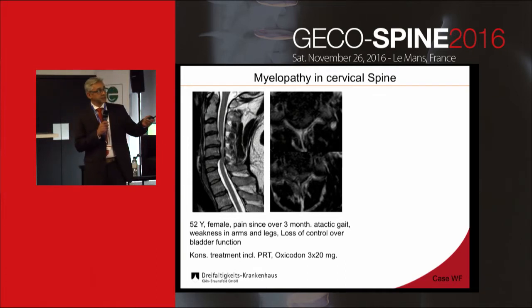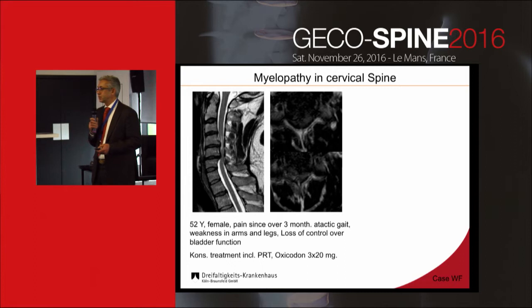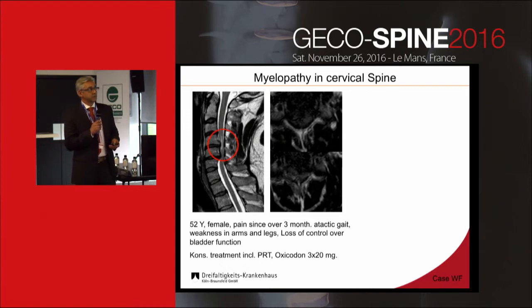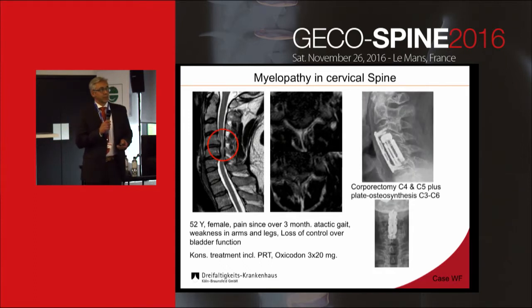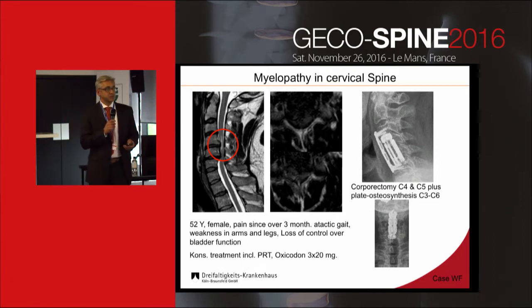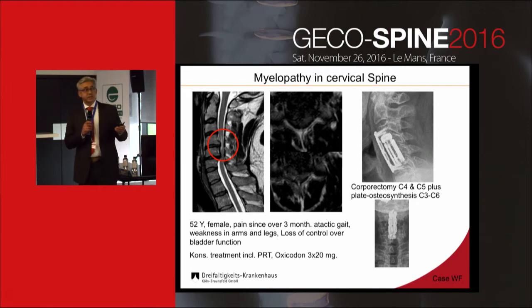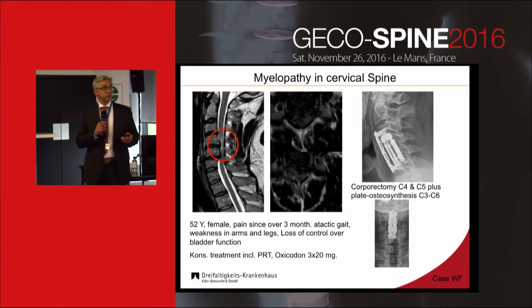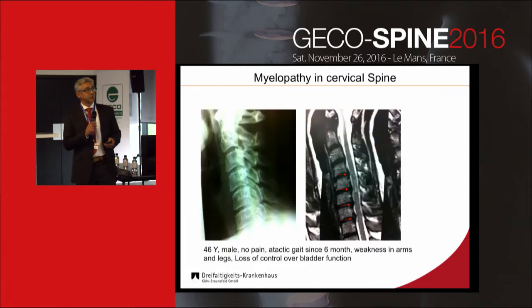And you can see easily the myelopathy changes, and would everyone agree not to go for the TDR? I wonder. I treat the patient with a corpectomy C4 and C5 plus a plate osteosynthesis C3 and C6. Even though I know that the adjacent segment disease will maybe occur, I don't know, but in this case, I found it's the better way.